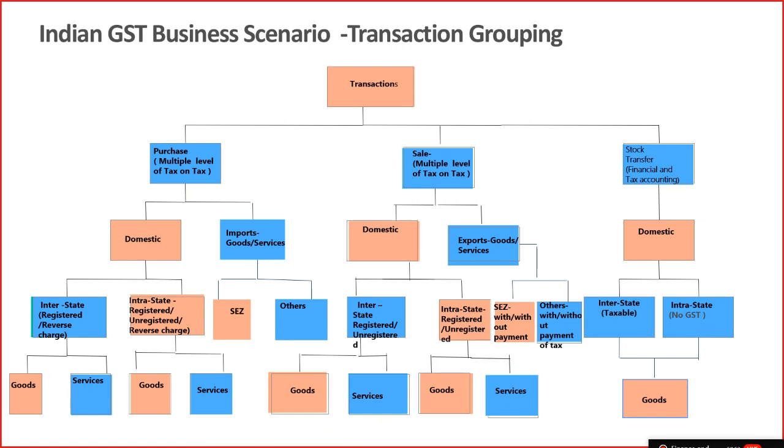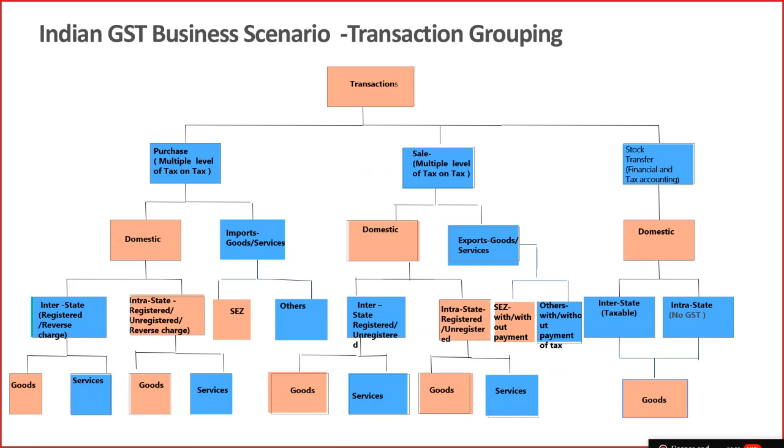Domestic stock transfer, intrastate, you know that there will be no GST, but there is an exceptional scenario where you are making intrastate transfers, but to two different GST registration numbers. In those cases, the tax is calculated.